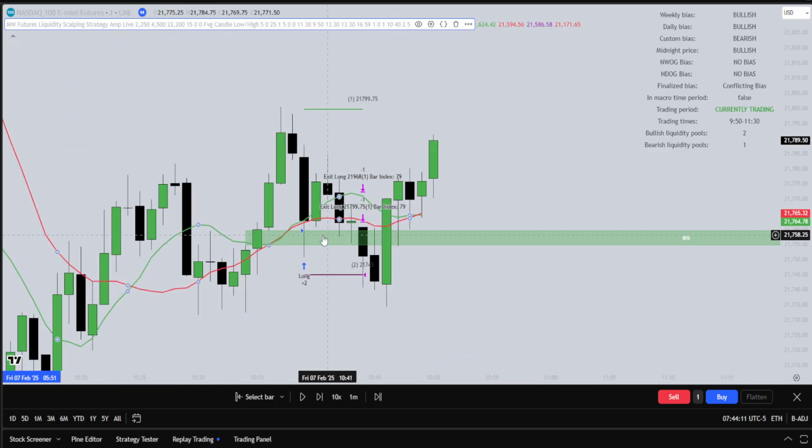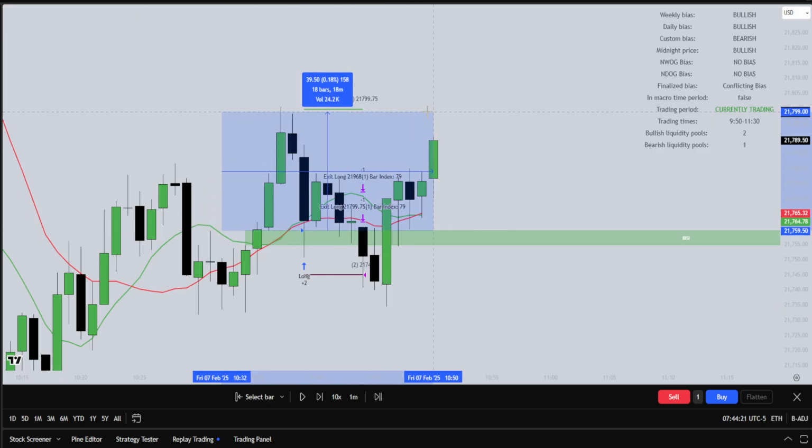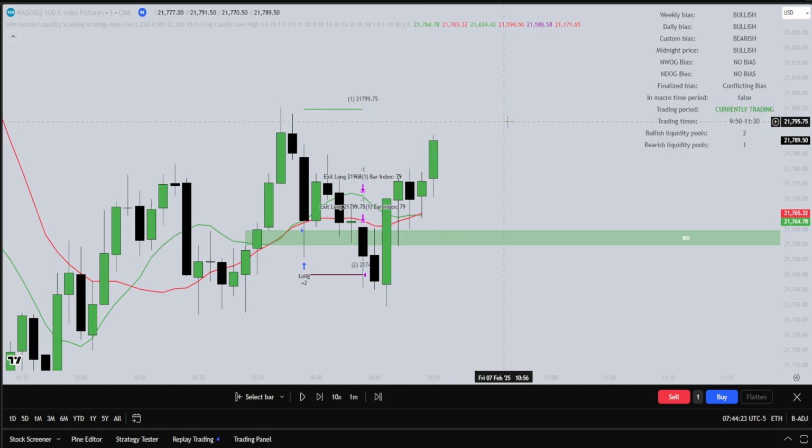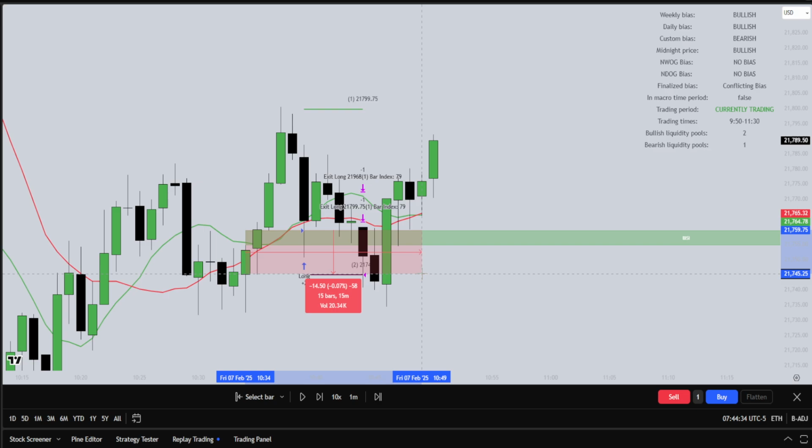So the initial trade would have been with an entry over here to the first profit target over here, which is a nice trade, you would say, because we can take 40 handles of profit, 40 handles on NASDAQ, 40 handles times 20 would be $800, right? And now we had a losing trade with just 14.5 handles.